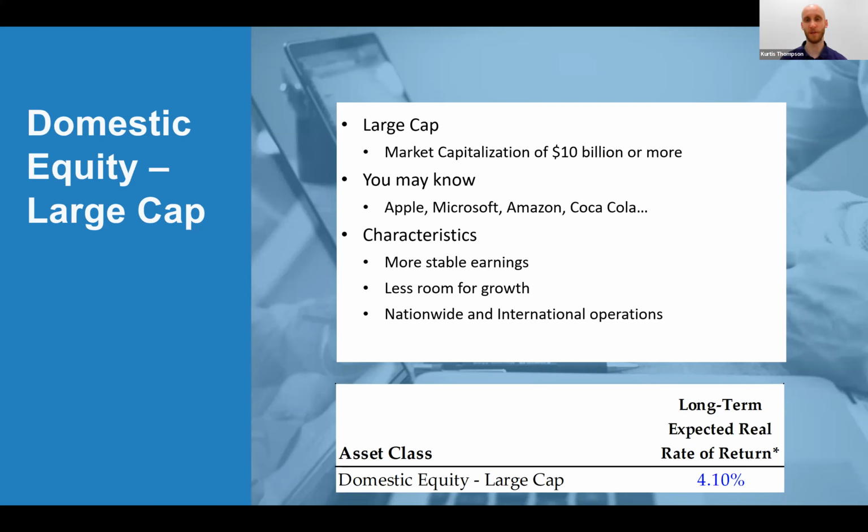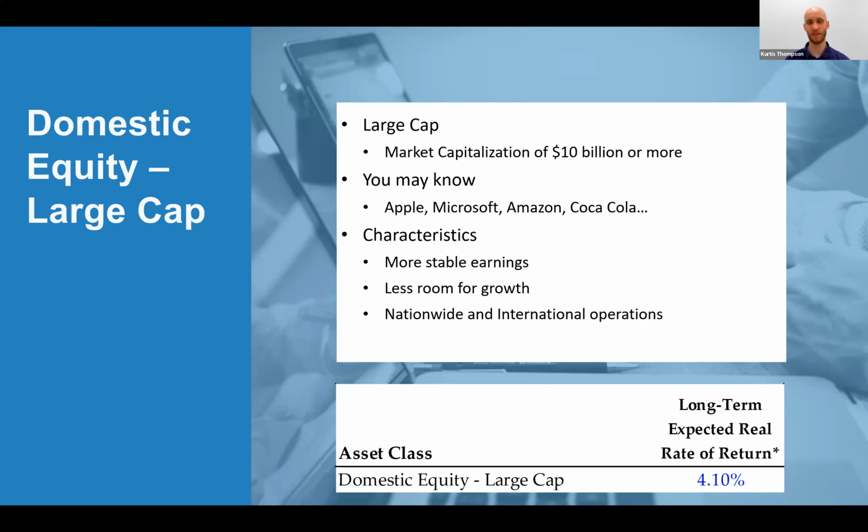So this gives a little bit of built-in diversification to these stocks, because if the market in Europe is not doing so well right now, the market in America might be doing all right. And if both those markets are faltering, there might be growth happening in Africa or Asia. They have operations all over the place. So that is part of what helps them stabilize their earnings.